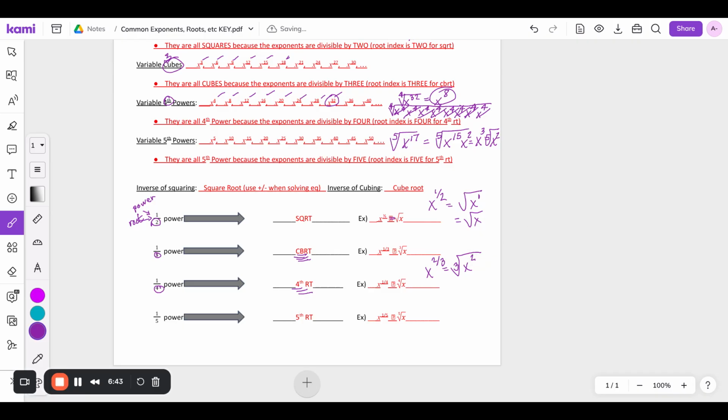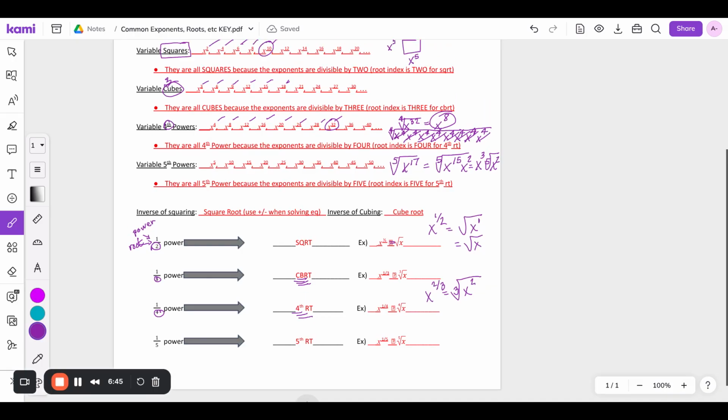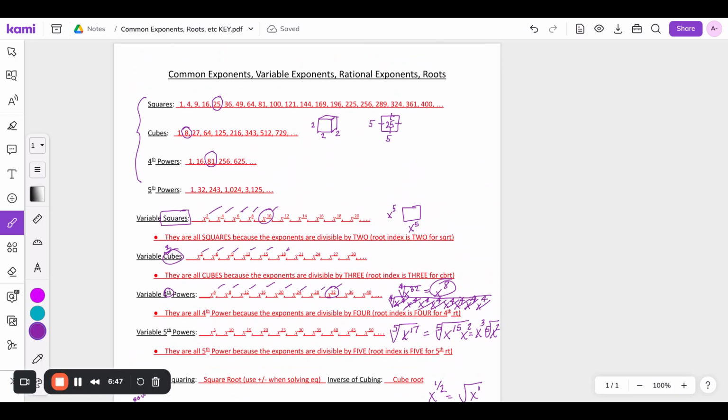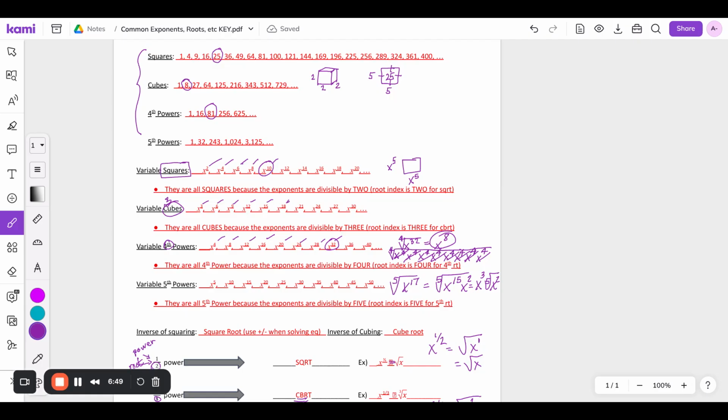All right, I didn't want to take too much time talking about this because I'm sure I will revisit this again at some point. But I just wanted to impress upon you that it's important that you do know your squares, that you do know what a square is, what a cube is, and talking about variable squares, cubes, fourth powers, and fifth powers. Again, any variable to an even power is a square.